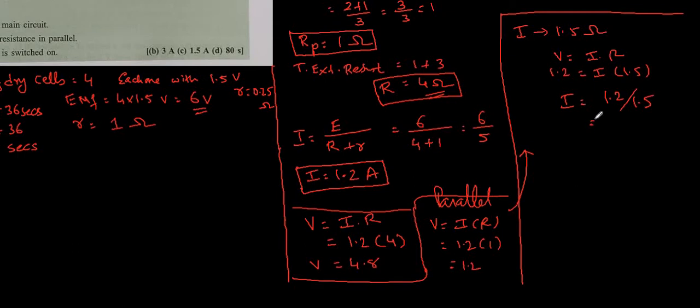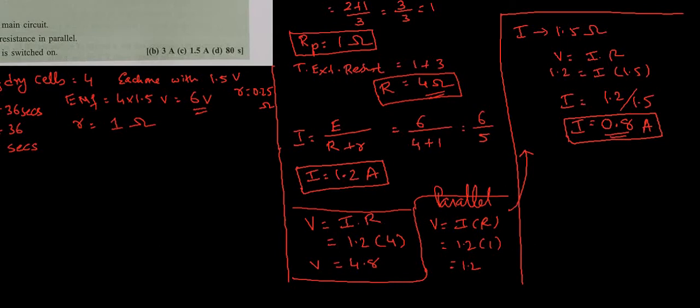When you divide 1.2 by 1.5, you get 0.8 ampere. So this is my current that is passing through the 1.5 ohm resistor in the parallel circuit.